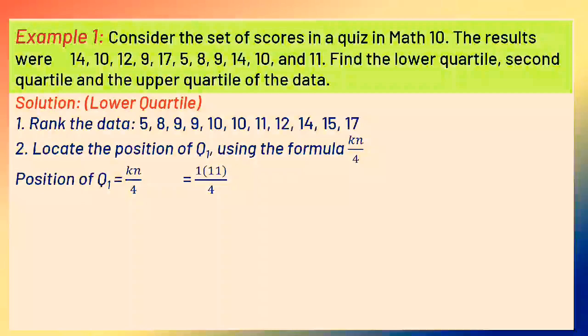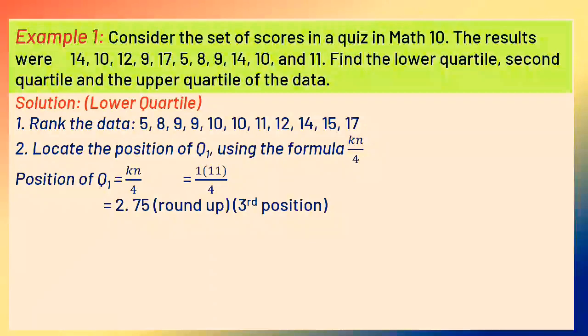As we all know, class, k here corresponds to the quartile that we are looking for. So since we are looking for quartile 1, we have 1 for k times the total number of data in the problem, that is 11, divided by 4. So multiplying 1 times 11 divided by 4 results to 2.75.